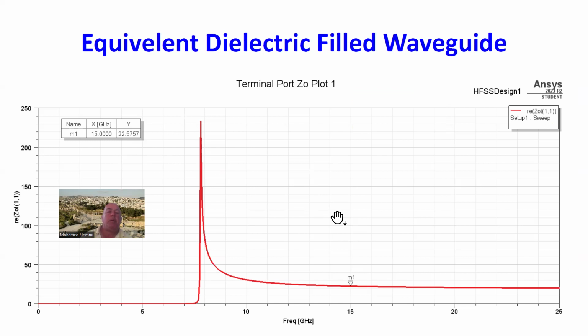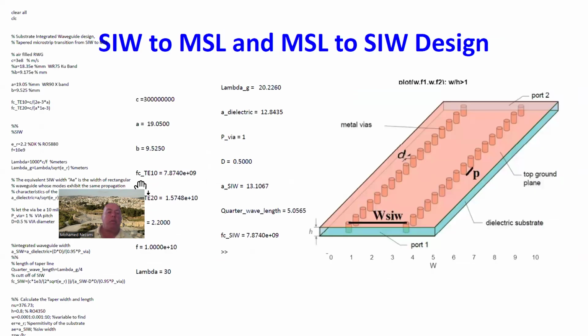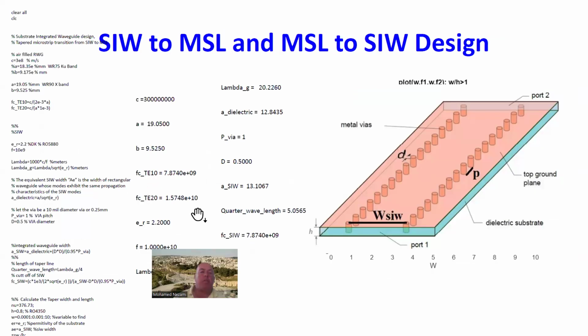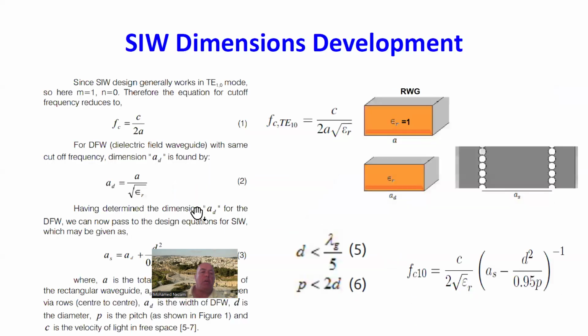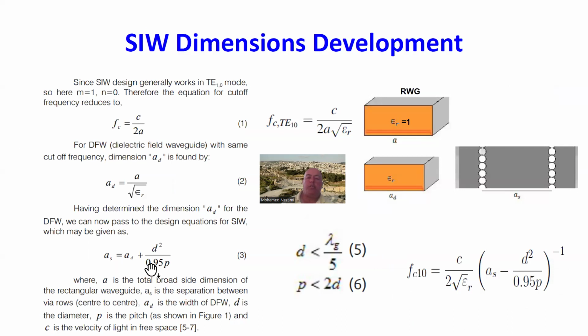Okay. Now, what I do next is I programmed this equation in here, to find out what it would take for us to put a bunch of vias spaced with a distance of P, the pitch factor, and a diameter of D to operate similar to the waveguides in here.